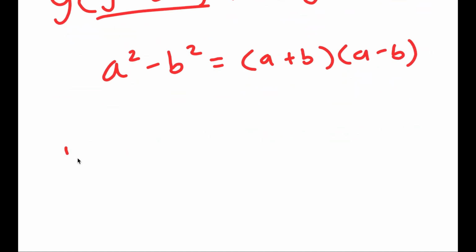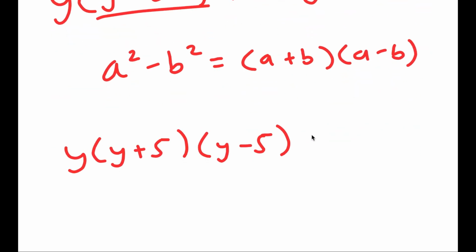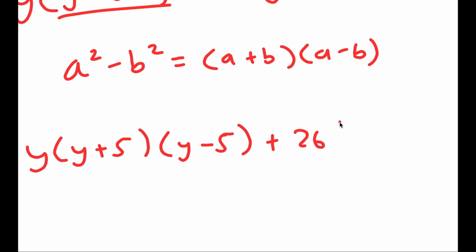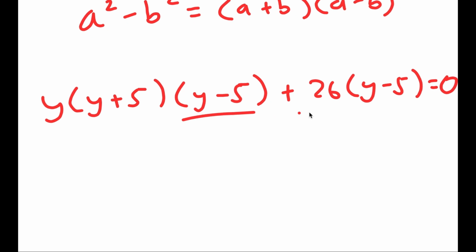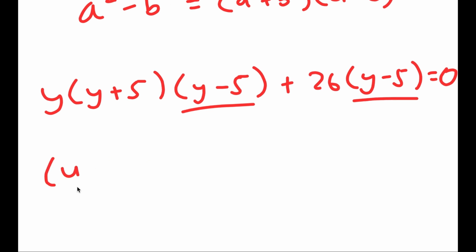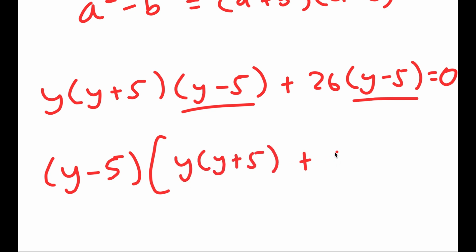So this turns into y plus 5 times y minus 5. And now notice how both of these terms have y minus 5 in them. So if I factor out y minus 5, I get y minus 5 times y plus 5 plus 26.